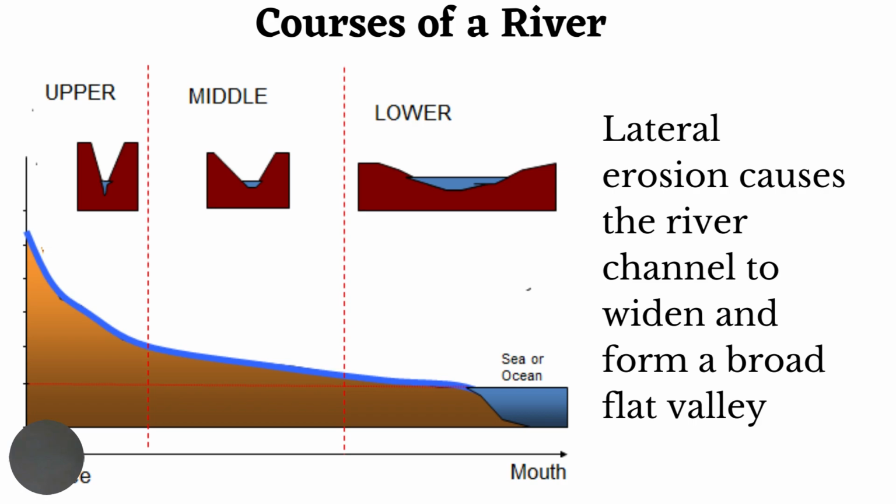And what we'll find is that the cross section of the river, as well as the river valley, will vary as we move from one course to another. So the upper course is narrow, but as we progress towards the lower course, the valley gets wider and wider.